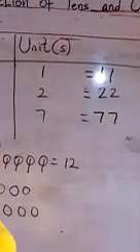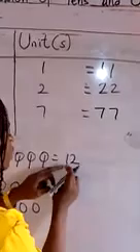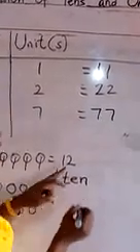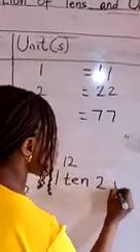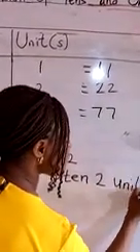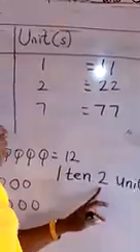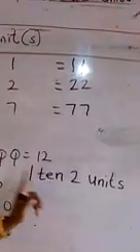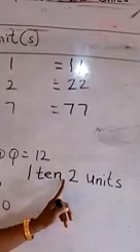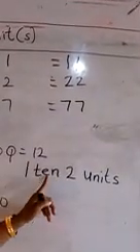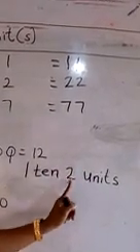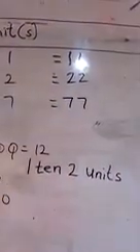What we do now is, you just write it. Your 1 will be your 10, while your 2 will be your units. You have your S because it is not 1. While our 10, we are not going to put our S because it's only 1. Then the 2 units.